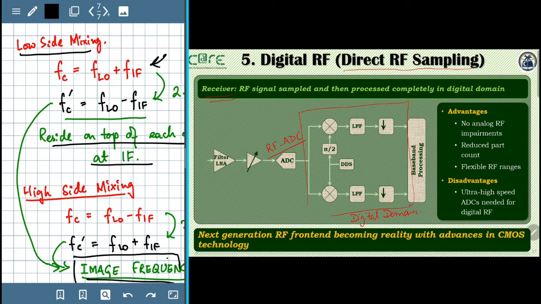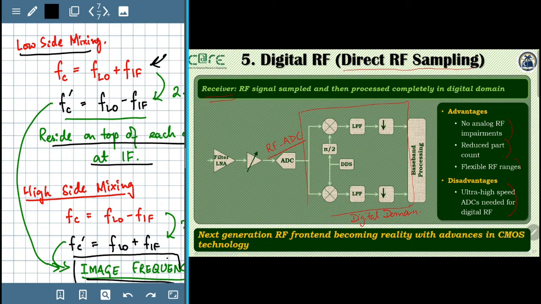In a single step, because the filters are being implemented in the digital domain, the signal is being converted from the RF frequency to the baseband. It's being low pass filtered, down sampled, and then fed on to the baseband receiving platform. The advantages are the same: no analog RF impairments, reduced part count, flexible RF ranges.